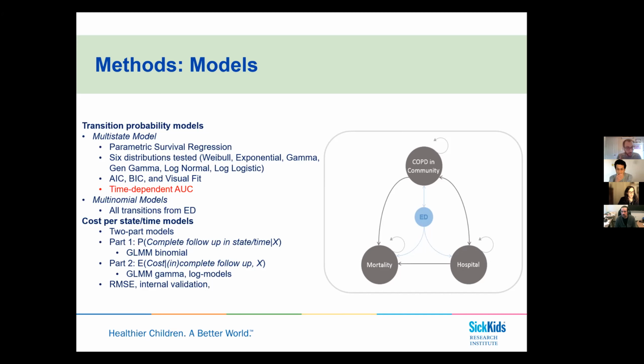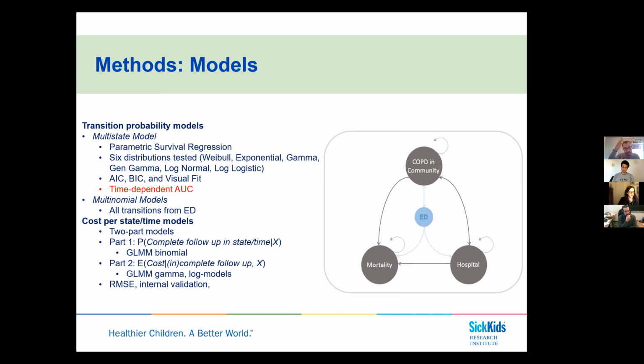And we tried to model the complete follow-up with a binomial GLMM. Then we fitted GLM gamma and log-normal models for understanding the cost, if you were to incur cost, what would that cost be?